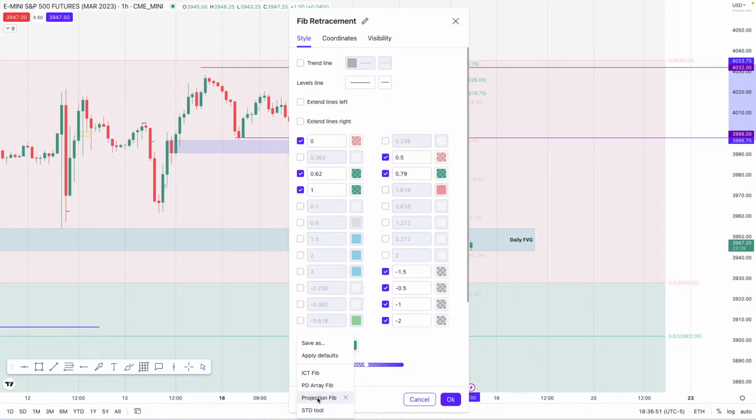My projection fib is what I have showing right now, and that gives me possible projections as to where price can head. If we're thinking it's going to go short, how short is it going to go? Where is it likely to aim towards? And then the standard deviation tool is one I set up for giving me different standard deviations.